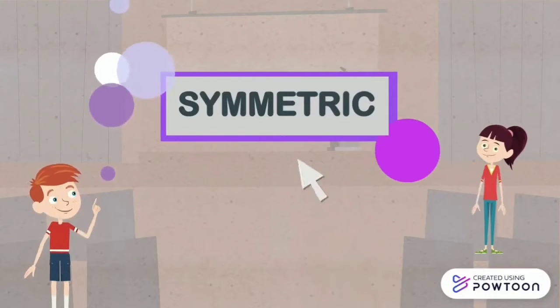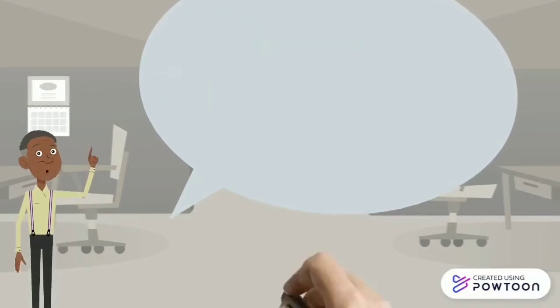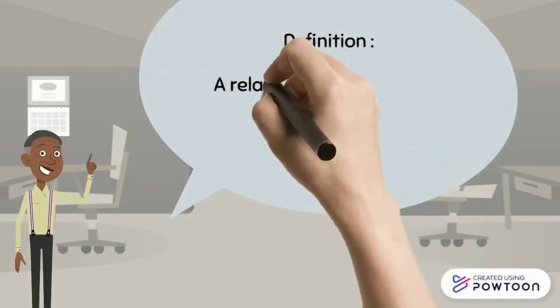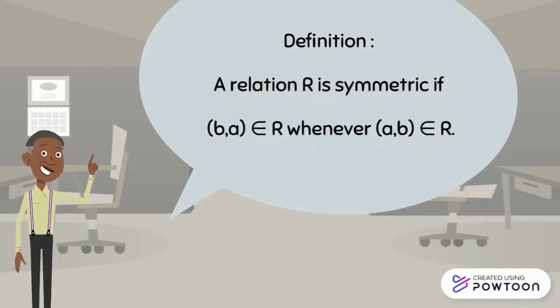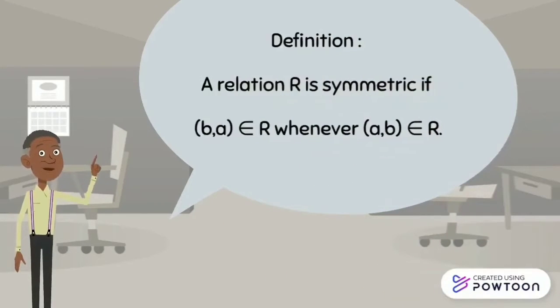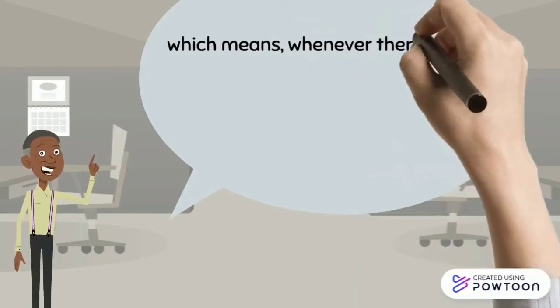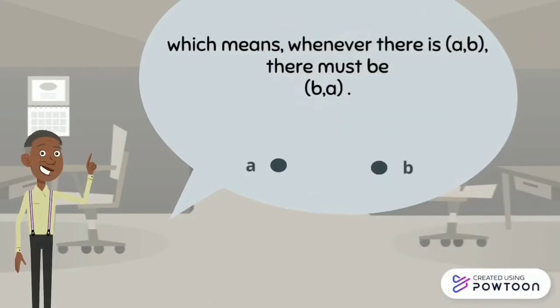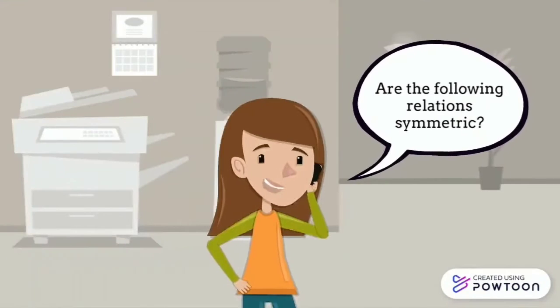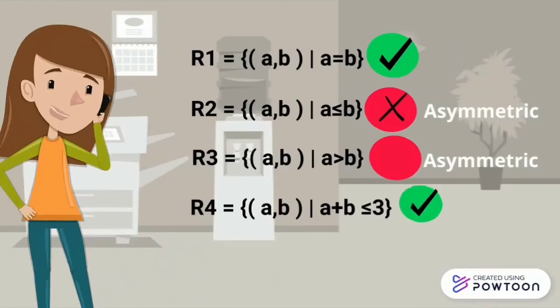Next, we are going to explore symmetric relations. A relation R is symmetric if (b, a) belongs to R whenever (a, b) belongs to R, which means whenever there's (a, b), there must be (b, a). So, which of these relations are symmetric?